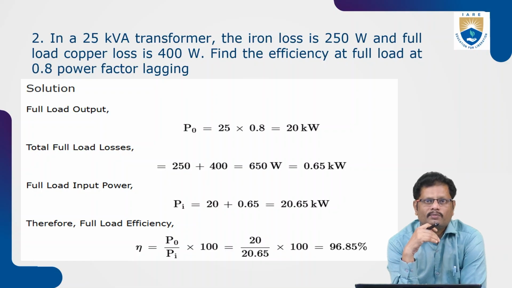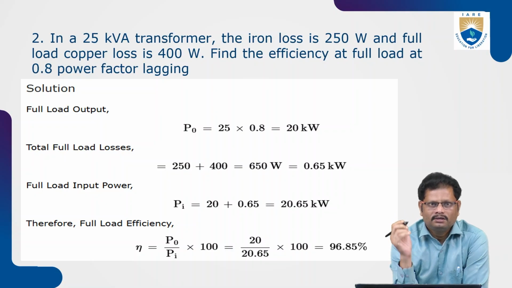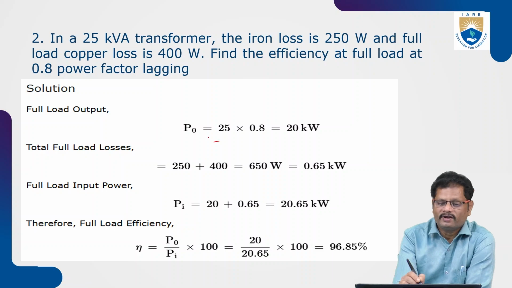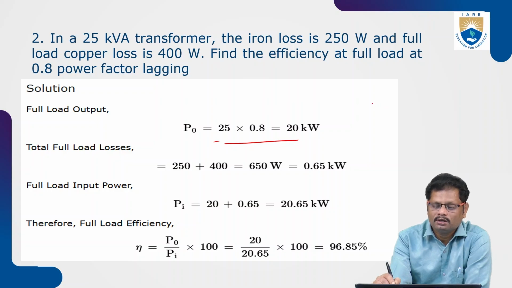And coming to the final problem, in a 250 kVA transformer, the iron losses are 250 watts and the full load copper losses are given as 400 watts. Find the efficiency at full load at 0.8 power factor lagging. We have the full load output power given as 25 kVA. We should convert this kVA into kilowatt by kVA into cos phi.